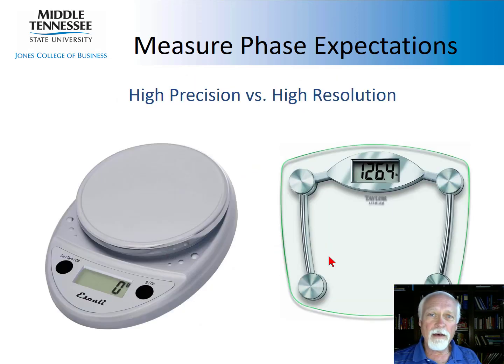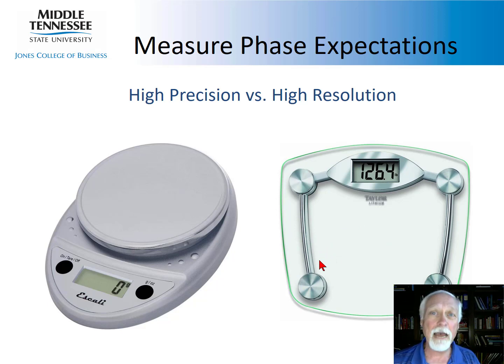We can also think of the concept of resolution, and resolution usually is more comparable with precision. So here are two scales, a kitchen scale. This is the Escali Primo, which is like Amazon's most recommended scale. And then here's a bathroom scale, the Taylor High Precision Lithium.